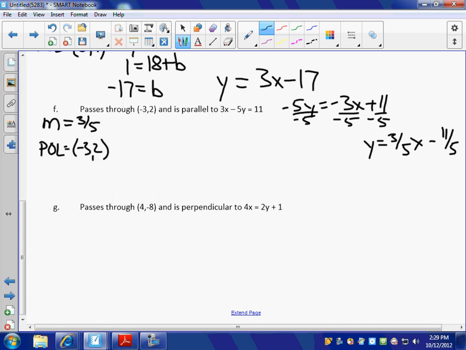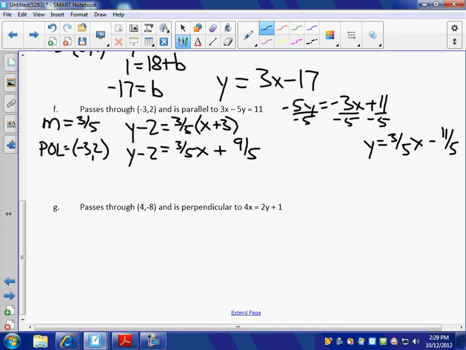Did anybody use the point-slope formula? Okay, I'm going to go through that just so it's familiar to people. We go y minus my y value, which is 2, equals m, which is 3/5, times x plus 3. So I have y minus 2 is equal to 3 over 5x plus 9 over 5.